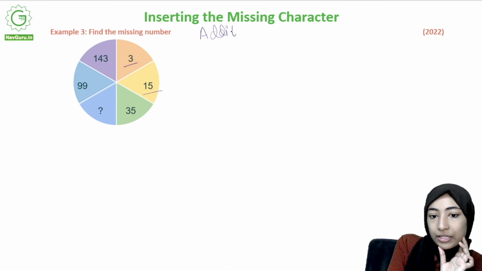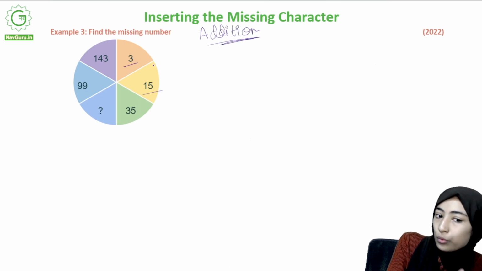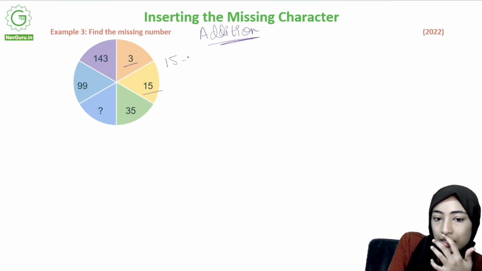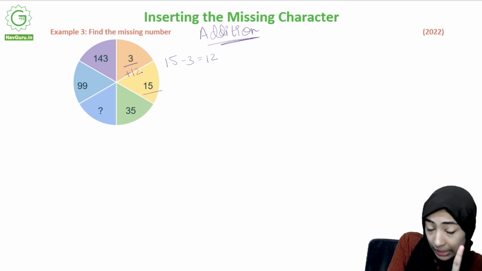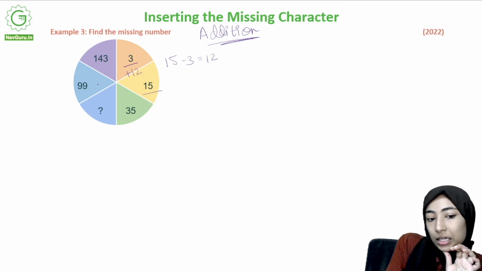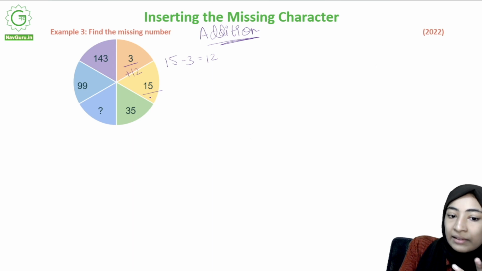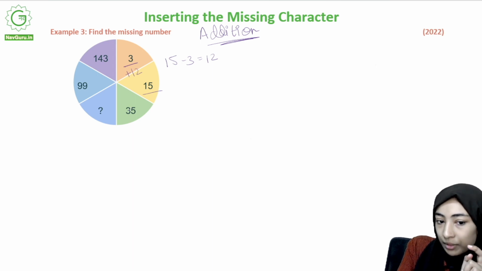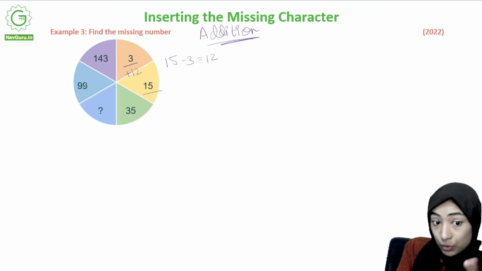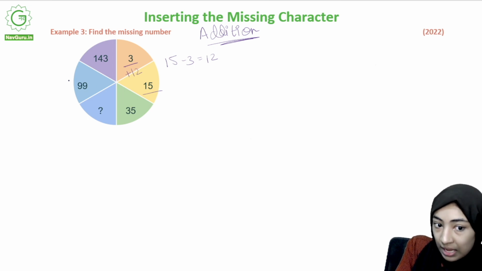So the thing with addition is, one thing we notice when we try to do addition is, what is 15 minus 3? 12. So here what we need to add is a 12, but if it was just a 12, 15 plus 12 would just be 27, right? But this is a much bigger number, and you see you're getting much bigger numbers here, 99, 143.